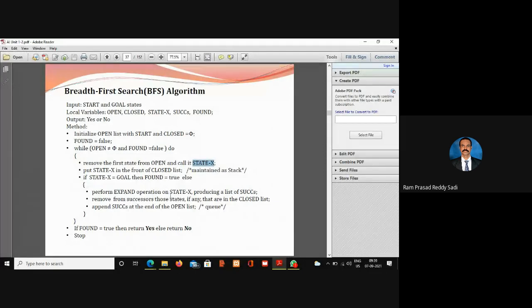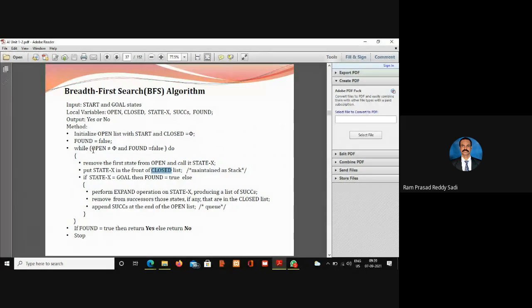Whatever your current state is, explore it. That means generate all the possible nodes available at the next level and place them in the successor state. Suppose in this successor state there are any nodes already present in the closed list, then remove them from the successor state. All the remaining nodes will be placed in the open list and you continue the process.